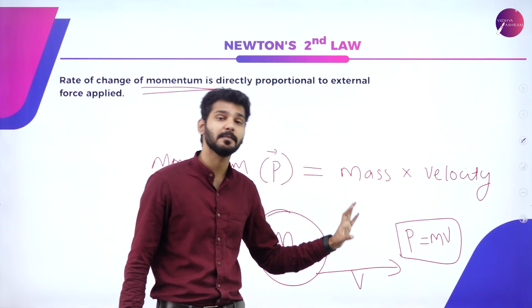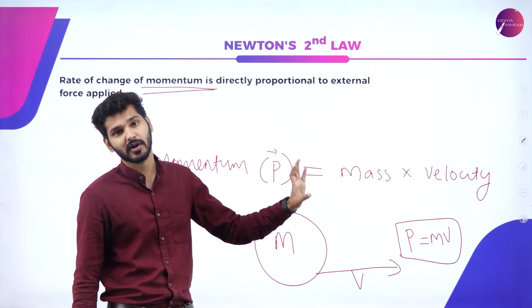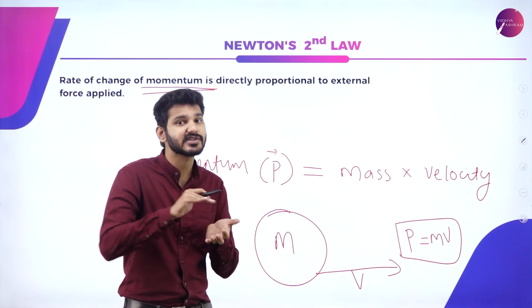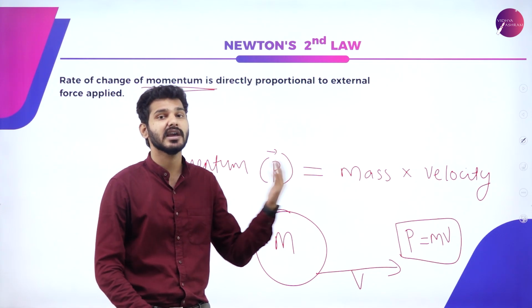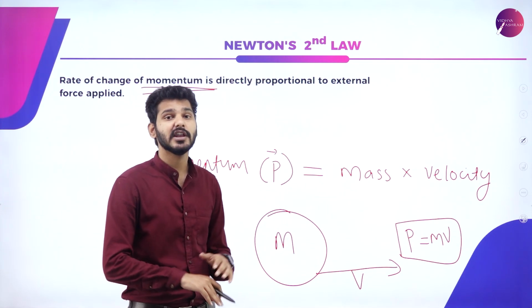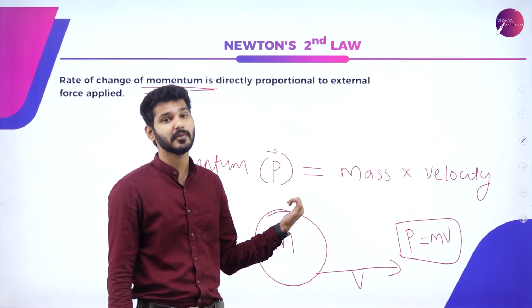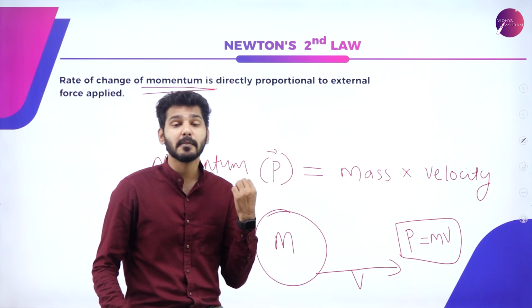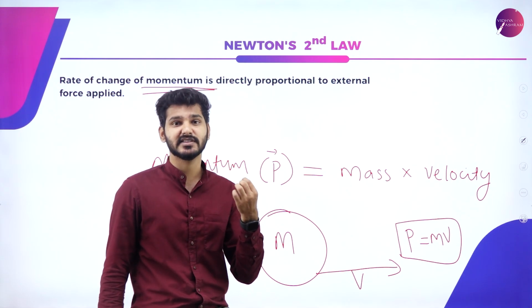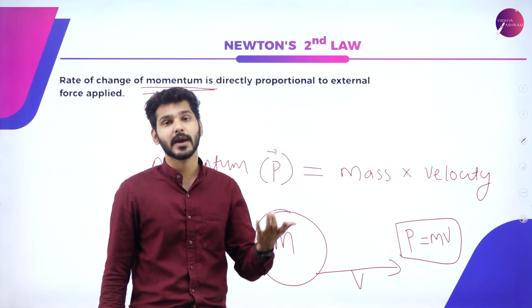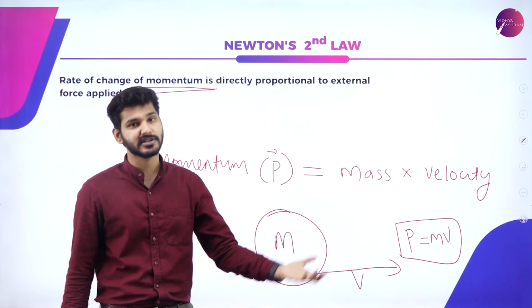So it will be a product of the mass and velocity. For example, if an object with a low mass is traveling with a high velocity, it will have high momentum. If an object has large mass and is moving slowly, it also will have high momentum. For example, if a bullet is coming at you at, let's say, 1 kilometer per second, it will have a lot of damaging power because it has a lot of momentum.